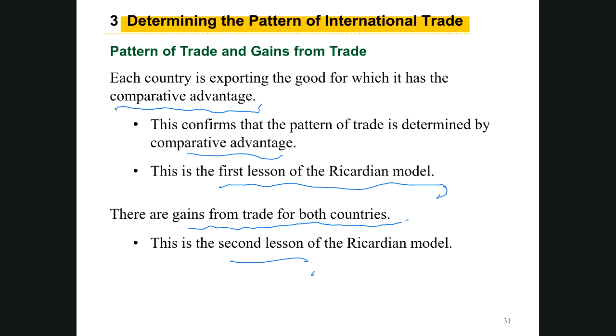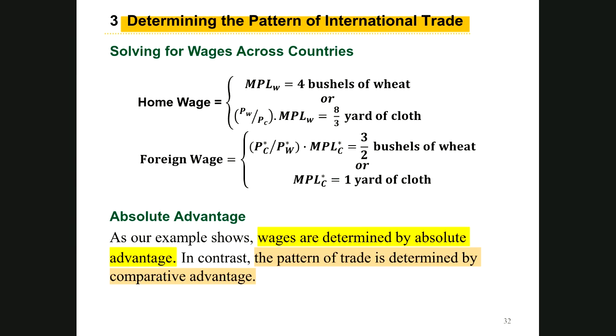And we are going to take a look at what about the wage. Okay, so solving the wage across the country. Think about that. If you're in the home country, what is the goods that you produce? The goods that you produce is the wheat. You produce wheat in exchange for the clothes, right?